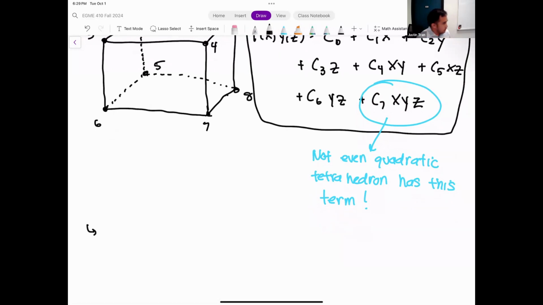All right. Because our shape function here has so many terms, on average, the hexahedron will be more accurate than the tetrahedron.